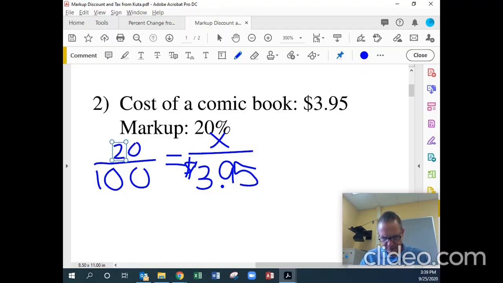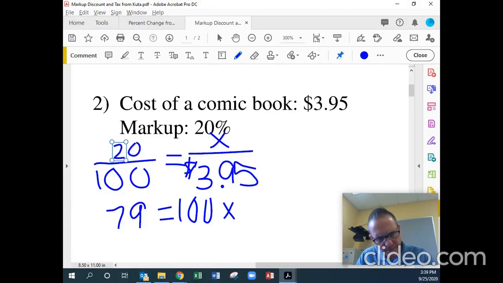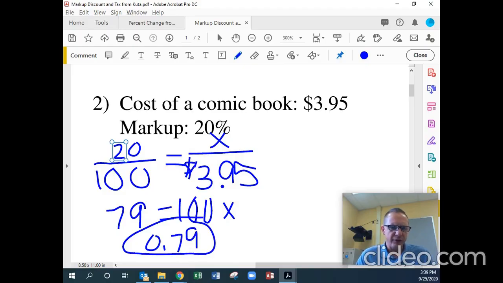3.95 times 20 is 79 equals 100 X. I'll divide by 100 on both sides. The cost of the comic book, let's look at the question again.